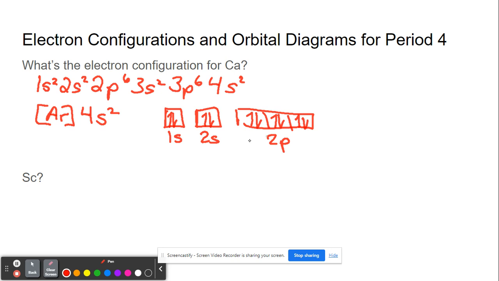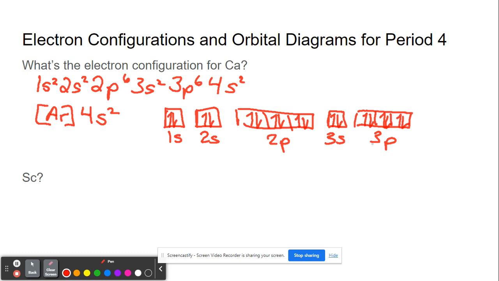So there we've got our 2p orbital. Then I've got 2 electrons in 3s, again spinning in opposite directions, and 3p. Here, again, the electrons fill each individual orbital individually before they are paired. And note that I just said fill the orbitals.